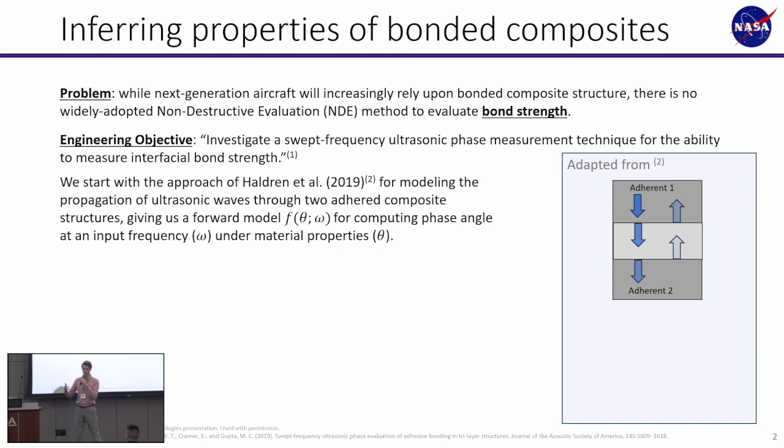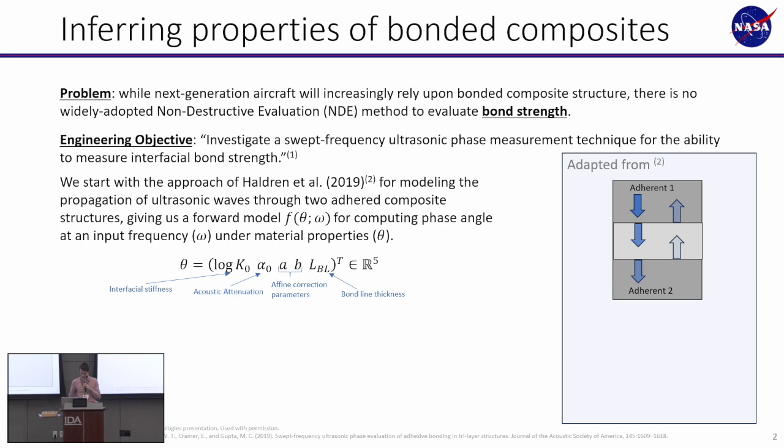And this forward model is a function of some material properties, theta, and will also be a function of the input ultrasonic frequencies, which I'll refer to as omega. Now, the parameter vector of interest for us is this 5-dimensional vector. And the first parameter is actually the thing that we're most interested in. This is the interfacial stiffness.